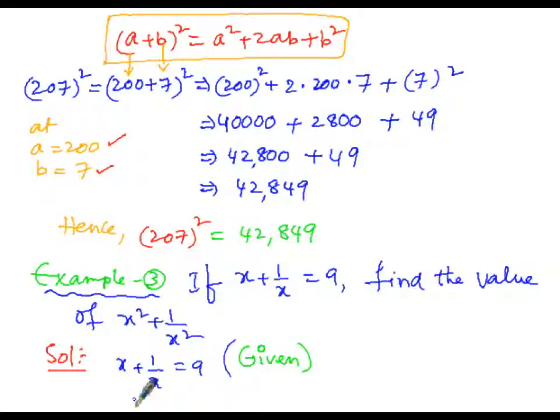So here immediately we have to square on both the sides, that is SOBT, which stands for squaring on both the sides. By squaring on both sides, we have to square x plus 1 by x, and the right hand side 9 also must be squared. So the next logical step: x plus 1 by x whole square equals 9 whole square.